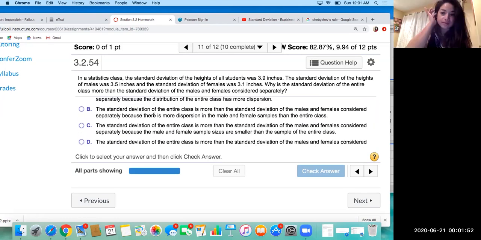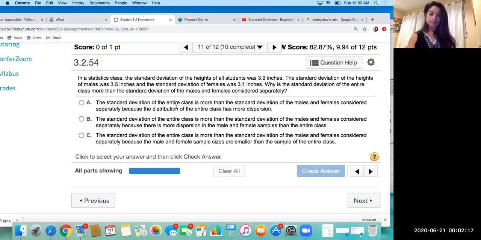Okay, so the standard deviation of the height of males was 3.5 inches, and the standard deviation for females was 3.1. Why is the standard deviation of the entire class more than the standard deviation of the males and females considered separately?